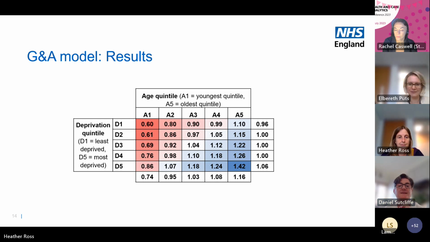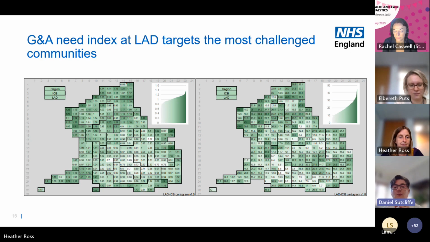Next slide. And again, what we're also able to do, and this is part of our engagement work as well, is look at the geographical spread. So these are local authorities, and we've got the need indices by local authority. We can see that with the GNA, there's this trend where more challenged communities have greater need indices.